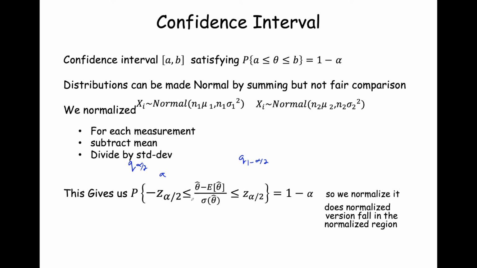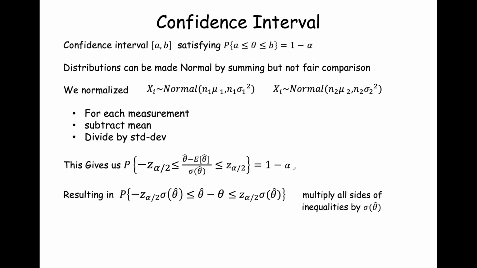What remains in the middle, in that interval between the minus z value and the positive z value, is going to be 1 minus alpha. And so we normalize our statistic theta hat in order to use these z values, the minus z and the positive z, as the A and the B bounds defining the interval for your confidence interval.